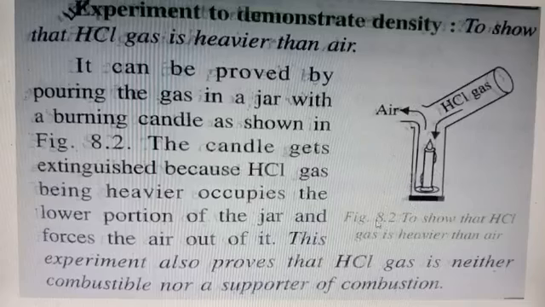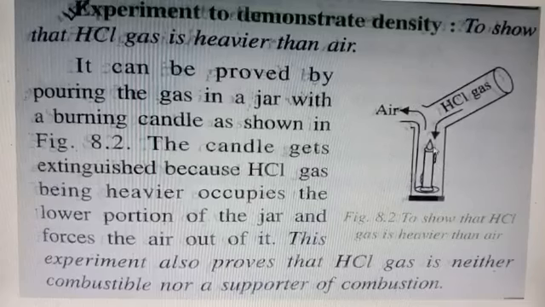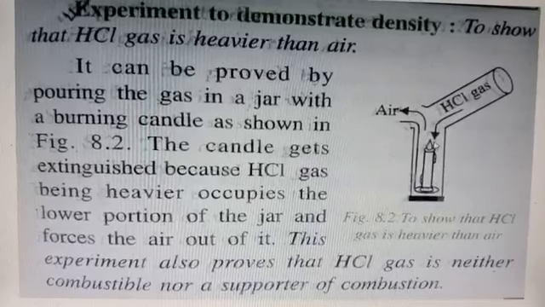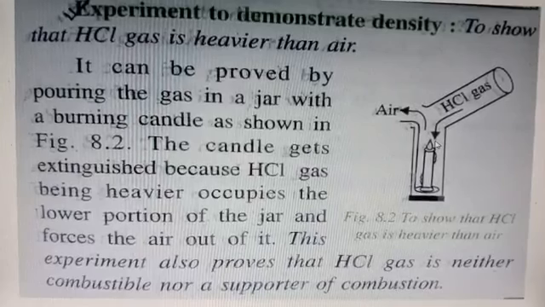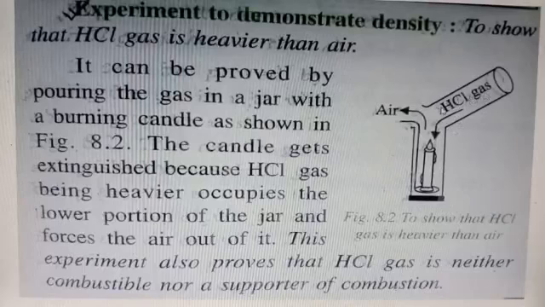So what happens is, if this burning candle extinguishes, then you can be sure that hydrogen chloride gas is heavier than air, because for the continuous burning of this candle we need oxygen, which is present in air. And if hydrogen chloride gas is heavier than air, then air escapes out.